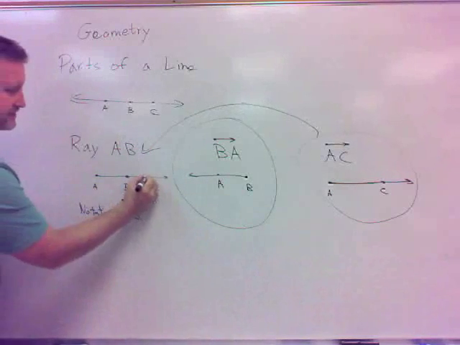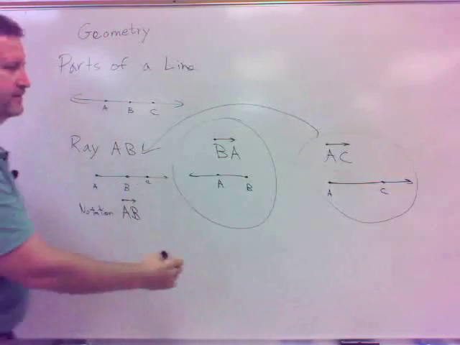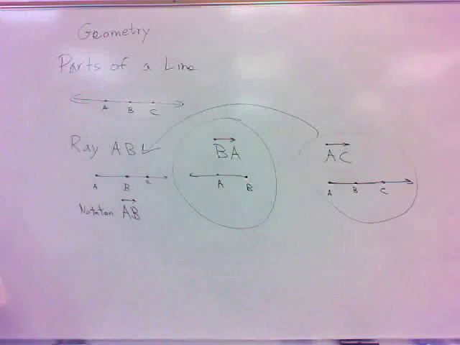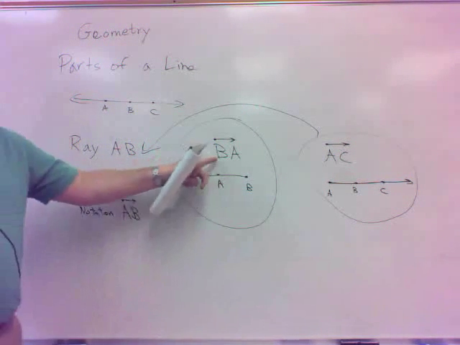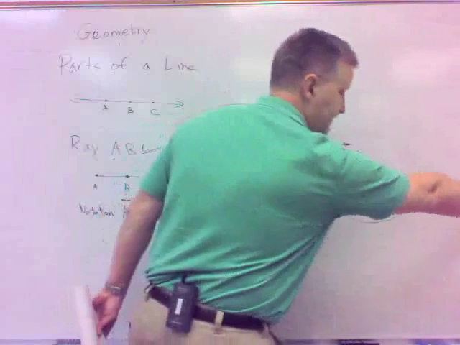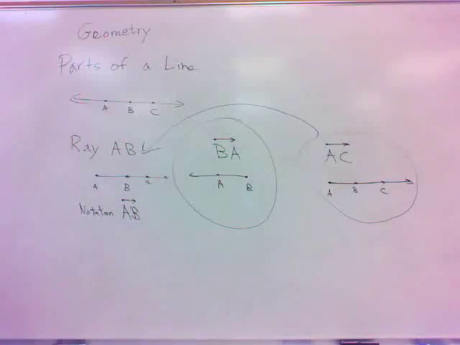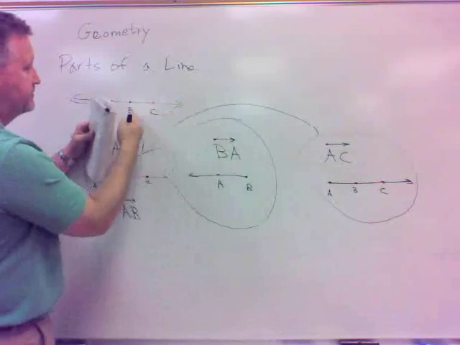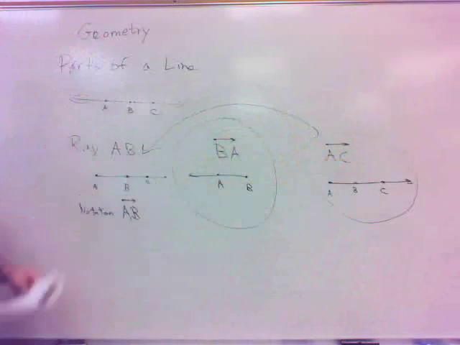Because here's C, C's along that line, and B is included in that. Yeah, they're the same ray. So there are different names for the same ray. It depends on your starting point. Okay, so that's a ray. It doesn't stop. It just keeps going infinitely in that direction. So we're saying AC starts here and it includes B, C, and keeps going.